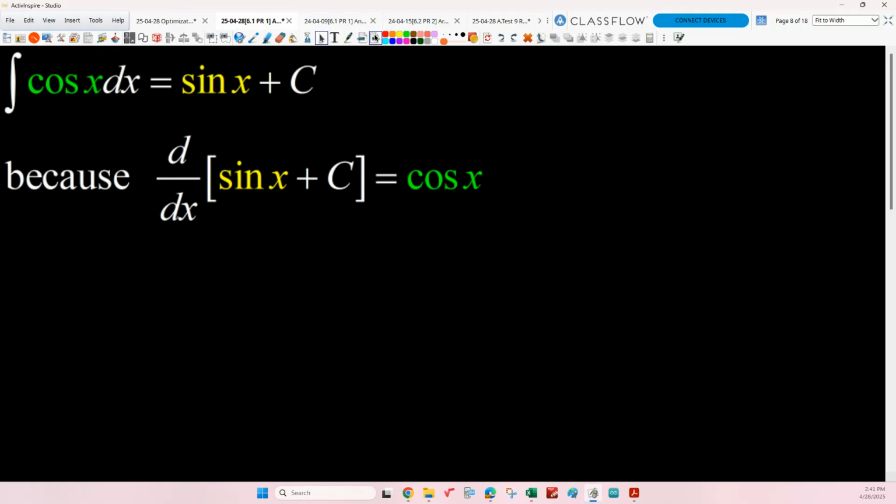What does that really mean? Well, that's asking the question, the derivative of what gives us cosine x? Well, the derivative of sine x plus whatever constant you choose would return cosine x as an answer, right? Give me thumbs. Does that make sense? Okay. So therefore, that is my general solution.